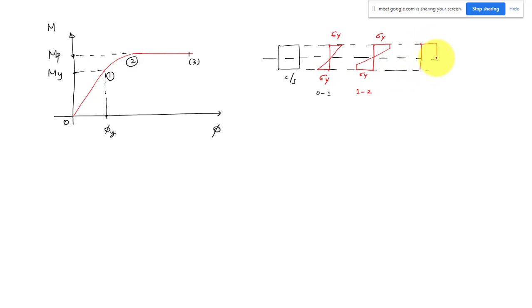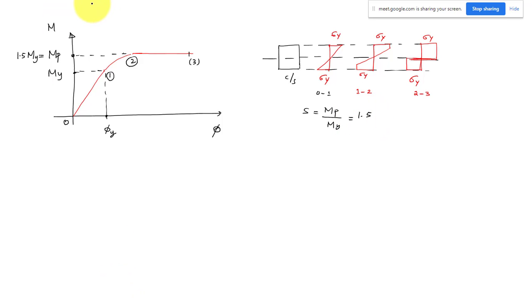The next stage will be fully plastic. 2 to 3, that is fully plastic. Now what is the MP value in this case? MP will be equal to 1.5 times My, because the shape factor for your rectangular section is equal to 1.5.